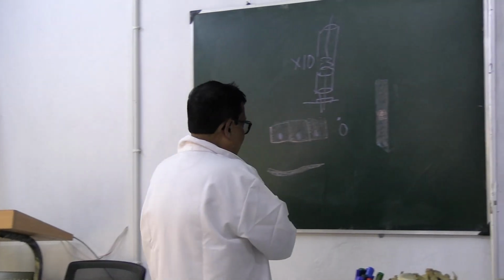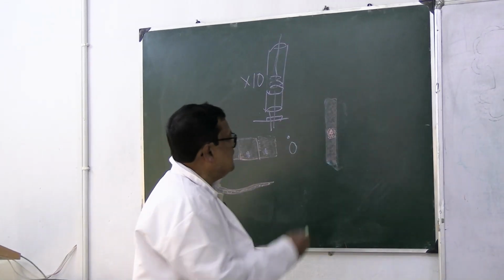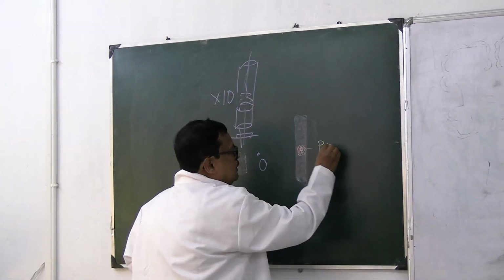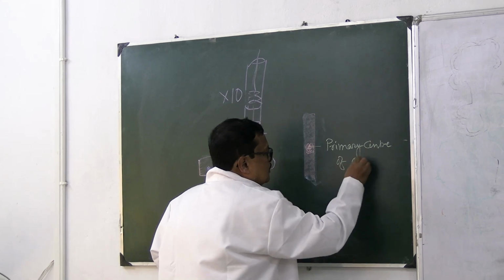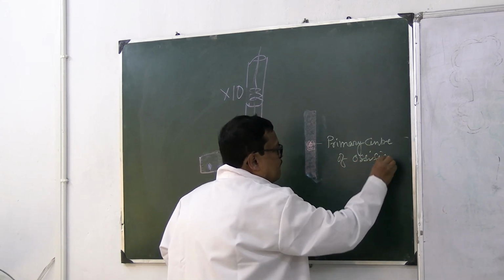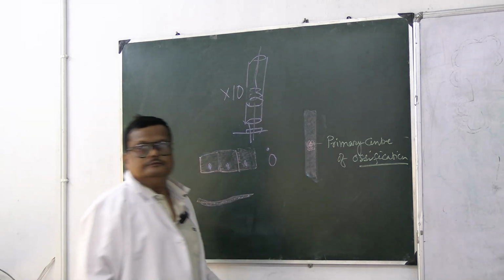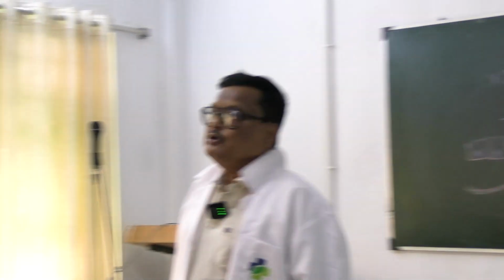Gradually the cartilage of that part is destroyed, and on that part the bones are formed, and we call it the primary center of ossification. We will need this tomorrow. It usually occurs before birth, in intrauterine life, about 6 to 7 weeks of intrauterine life.